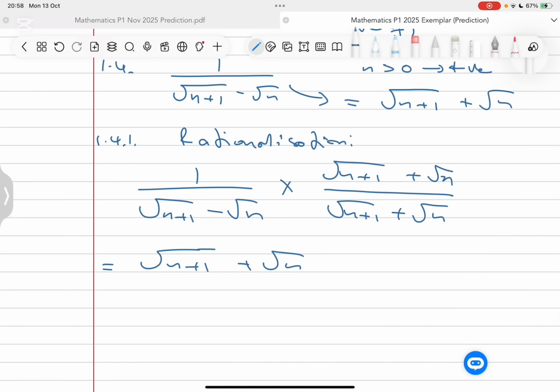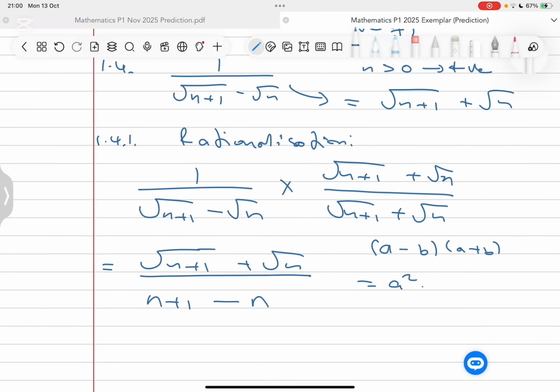So that means I'm simply going to write this as n plus 1 minus n. Remember that the difference of 2 squares is given by a minus b, a plus b, and this should be equal to a squared minus b squared. That's exactly what I've done here.